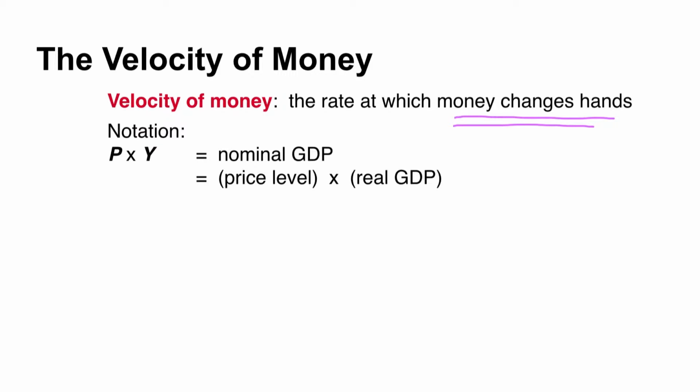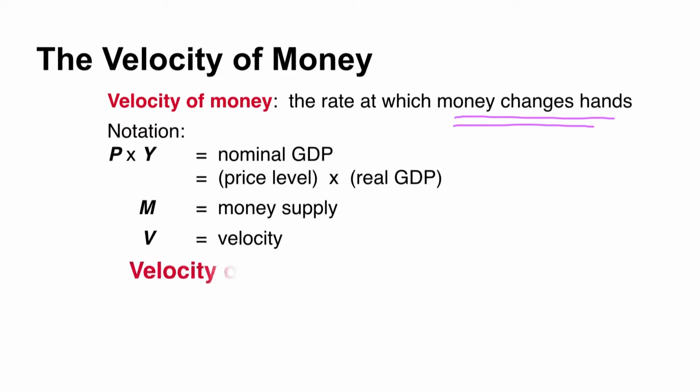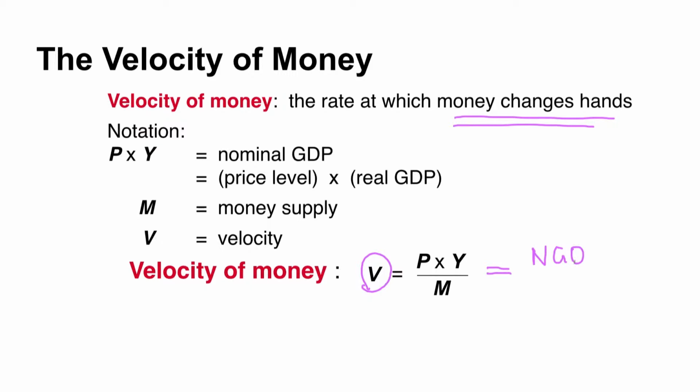To look at the velocity of money, we have to think about the velocity of money equation, which can be symbolized as the velocity, V, is equal to the price level, P, times real GDP, which is also nominal GDP, divided by the money supply, MS. So we see that the velocity of money, the rate at which money changes hands, is going to be reflected of the nominal GDP divided by the money supply in our economy.